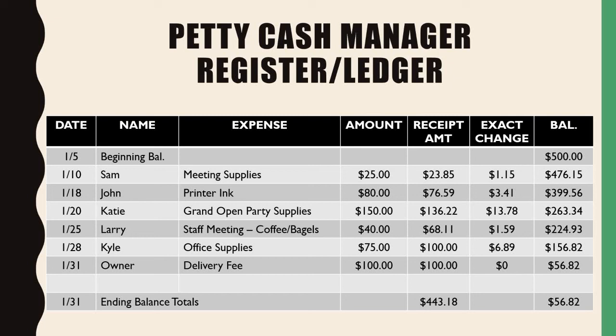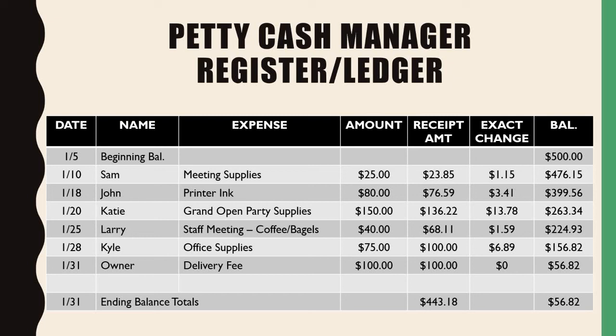They write on a voucher, and you give them the $25 with that voucher. At the end of the day, Sam must come back to you with the voucher for whatever they purchased, the receipt, and the exact change.